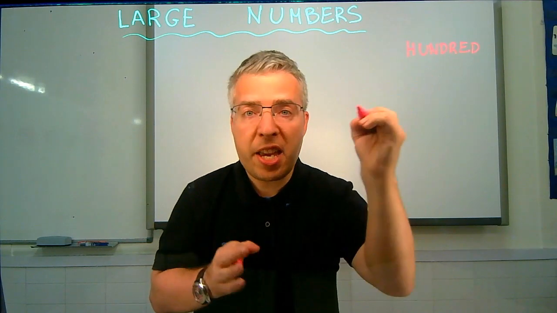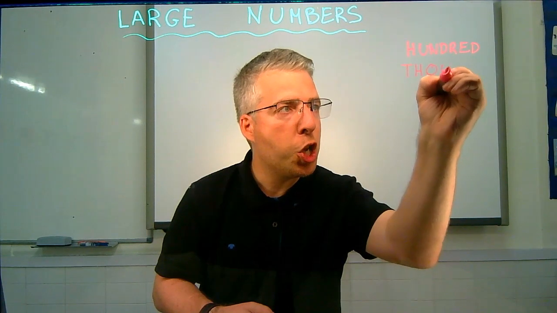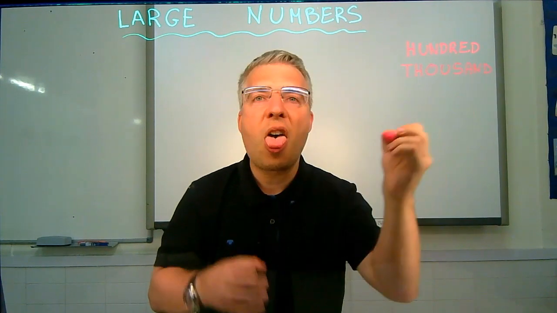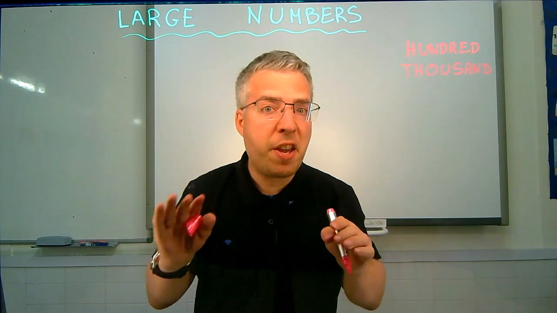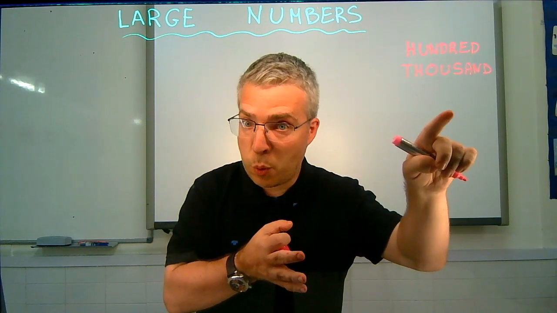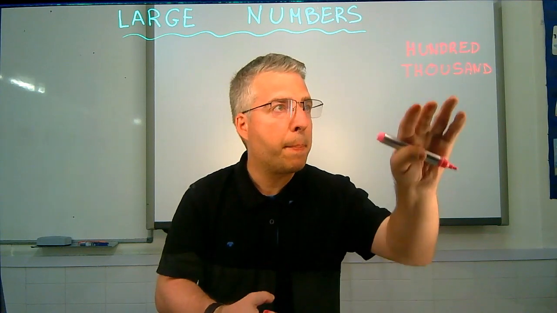Then, another keyword is thousand, T-H-O-U-S-A-N-D. 1,000. If there is a number with four figures, we probably would need to use this word too, and we've got to place it in the correct place.